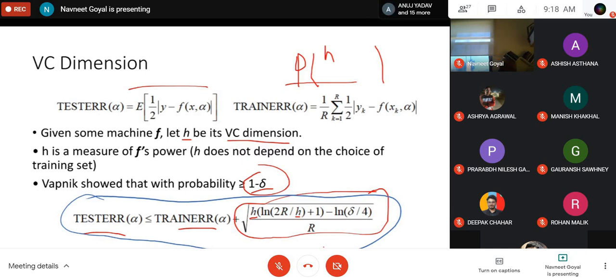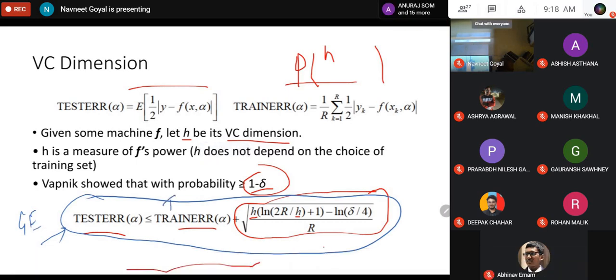This is my test error, which is nothing but the generalization error that we typically call it. This is my training error, the first term here, plus there's some term. What we had in SRM was h by n, comma 1 minus eta by n, something like this. Can anybody recall the formula?